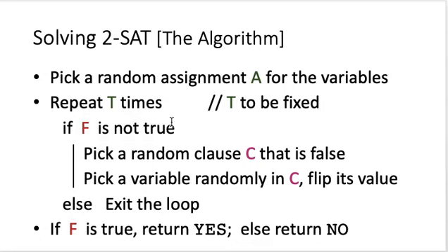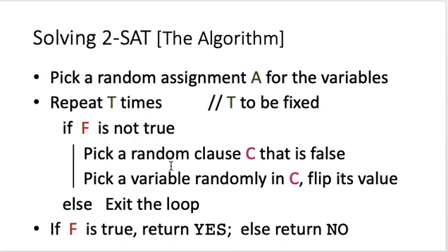And then within the clause C that we have selected, C has two literals, or it is related to two variables. We know that the current assignment of these variables does not make the clause C true.